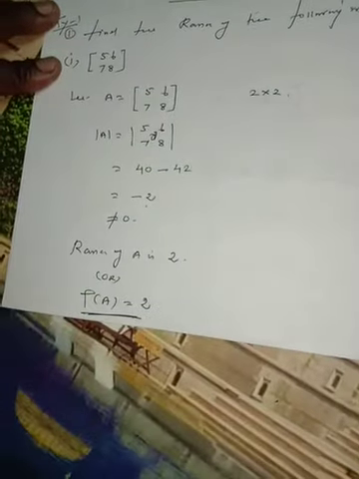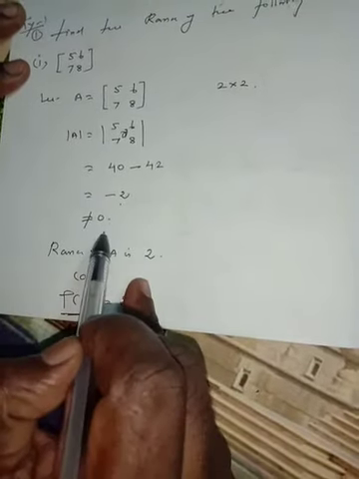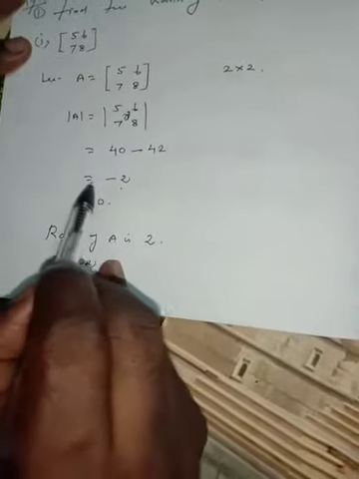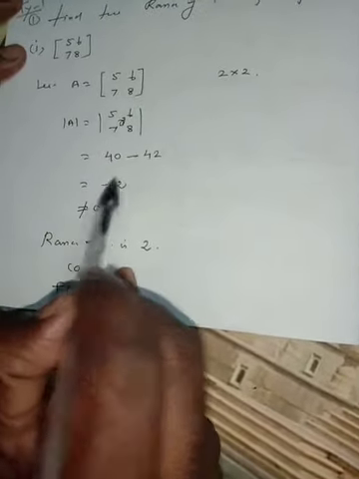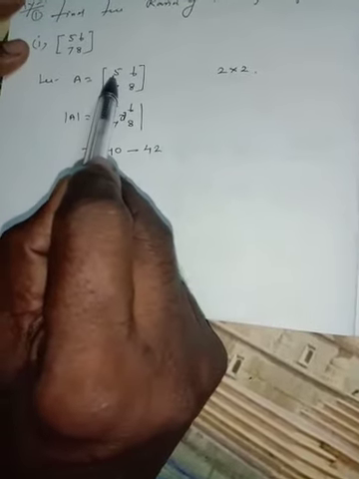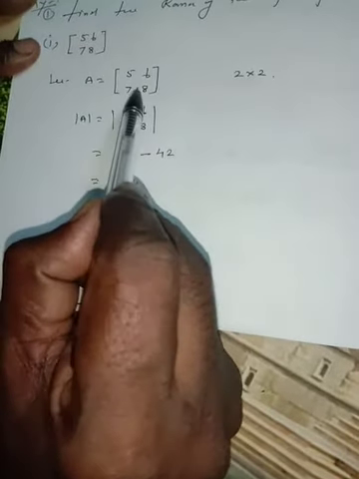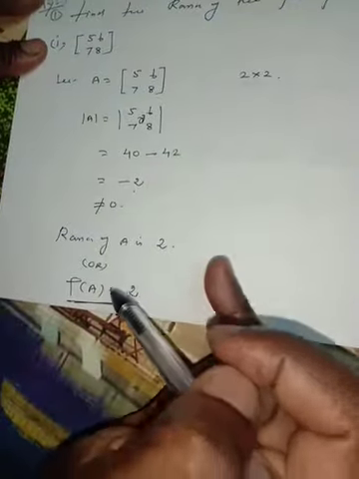Very important thing for a 2 cross 2 matrix: if the determinant of A is not equal to 0, then rank will be 2. If the determinant value of A is equal to 0, then there exists at least a single A11 or A12 or A21 or A22 not equal to 0, then rank will be 1.